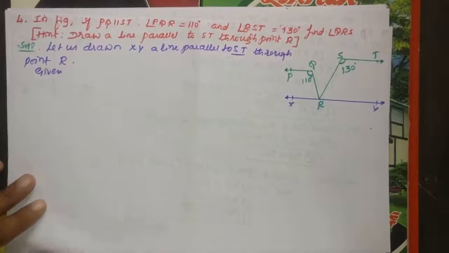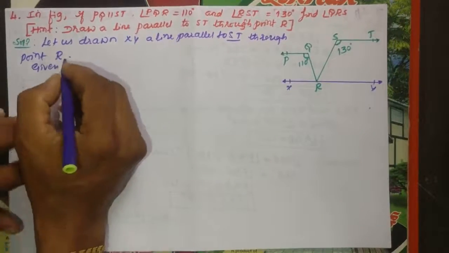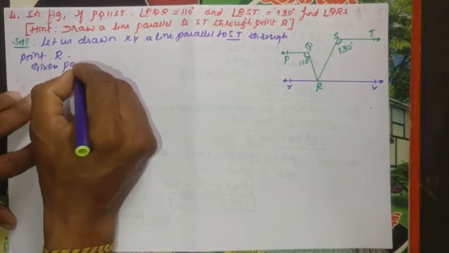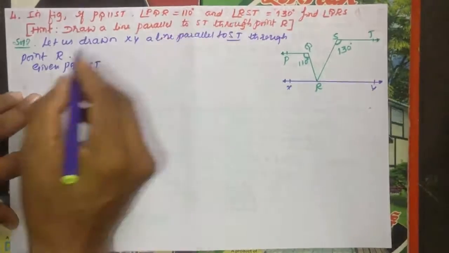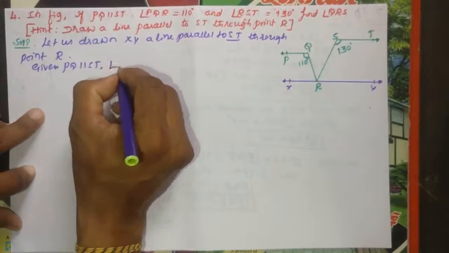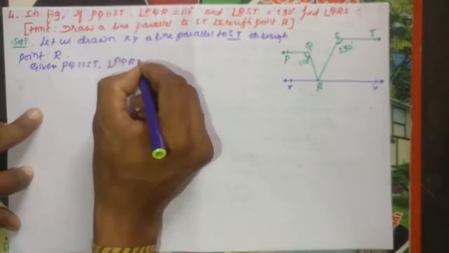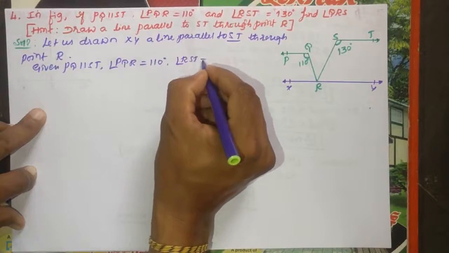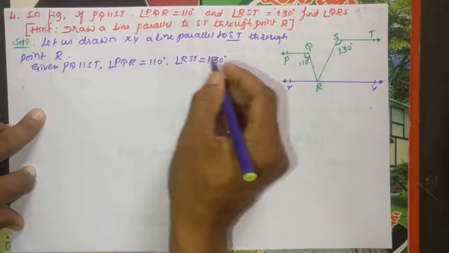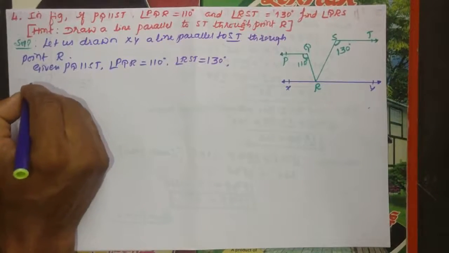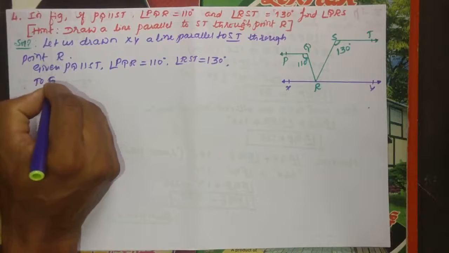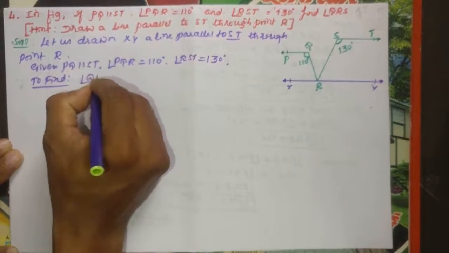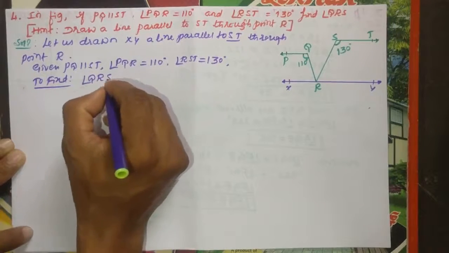Let us see. Given PQ is parallel to ST, angle PQR is equal to 110 degrees, angle RST is equal to 130 degrees, to find angle QRS.